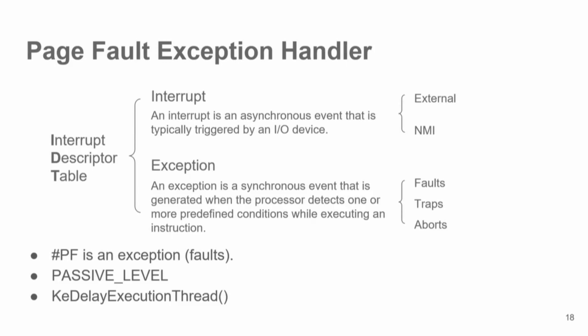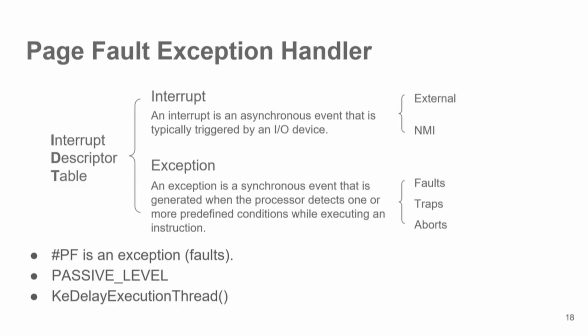So when an interrupt happens, the OS will bring its priority to a very high level. For the Windows kernel, that's IRQL. So in the interrupt situation, we need to do things quickly and get out. But for an exception, the IRQL depends on the context.